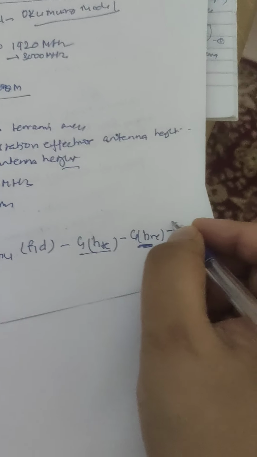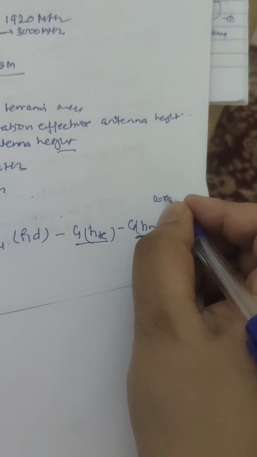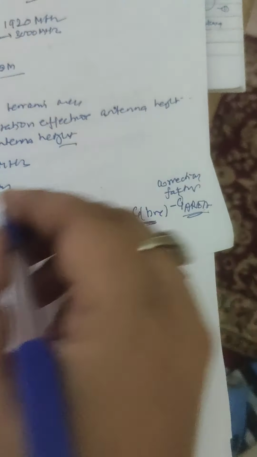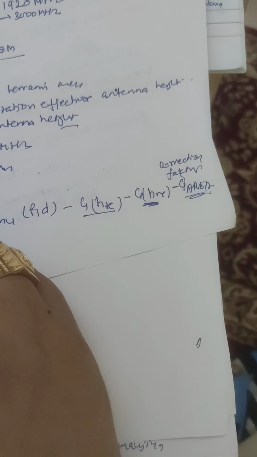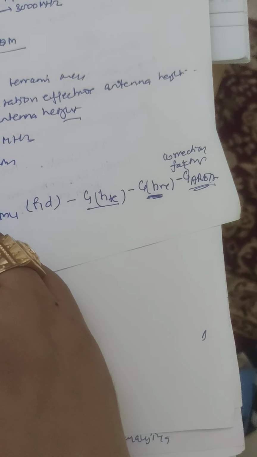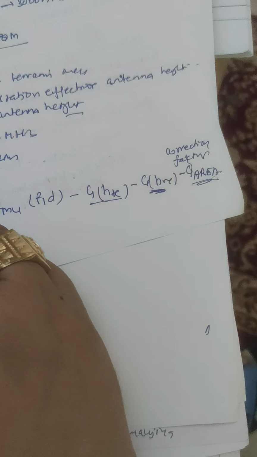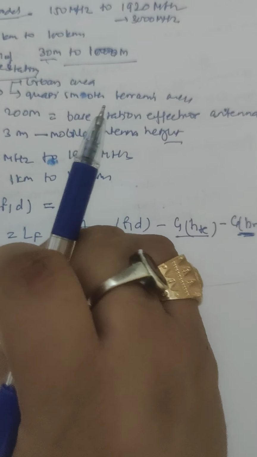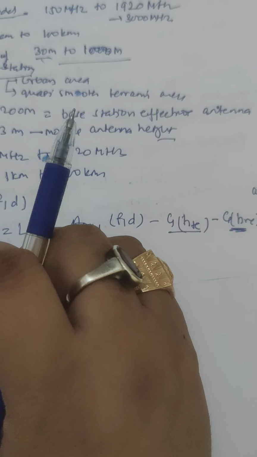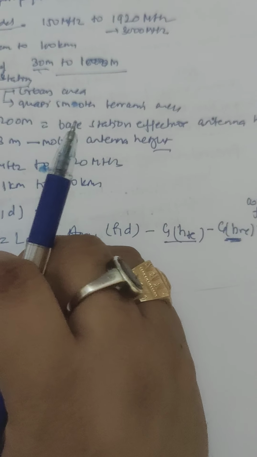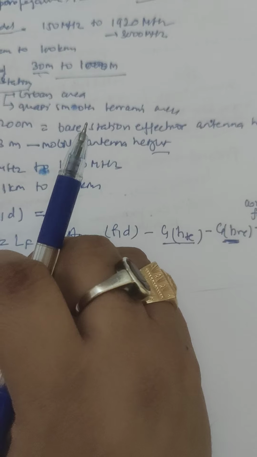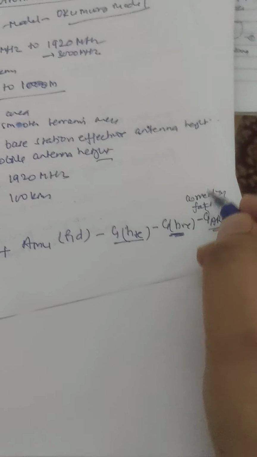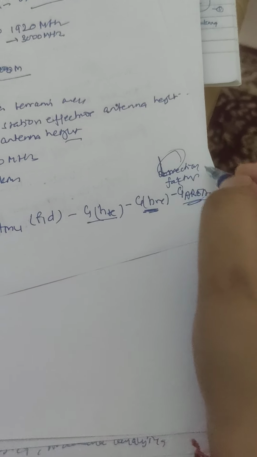This G area is known as the correction factor, because when the delayed signal, which is due to reflection and diffractions, is not reaching the receiver, the total path loss has changed, because we have only taken the line of sight path loss and did not include this correction factor.